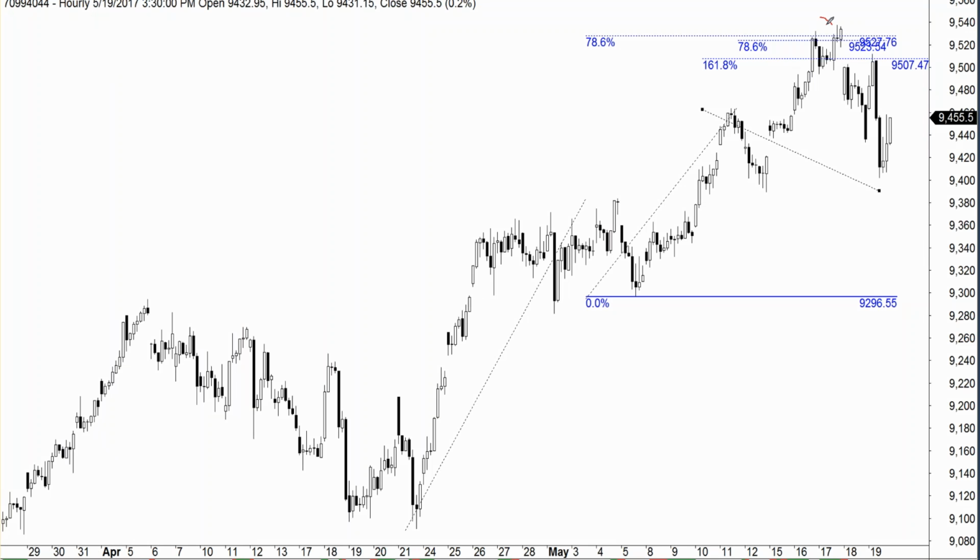Nifty went to these levels, took resistance here, and came down drastically from there. Okay, 150 points moved down in the Nifty. So this resistance level was already predetermined by you by using only simple Fibonacci. Right?